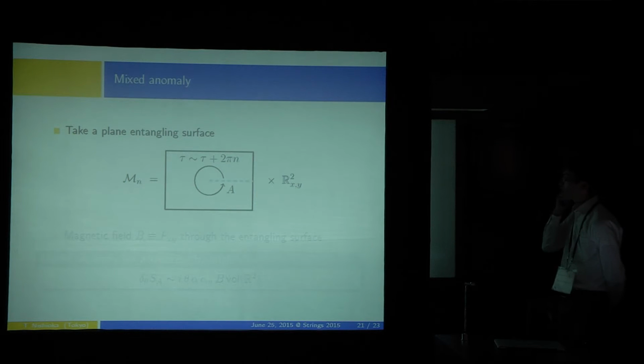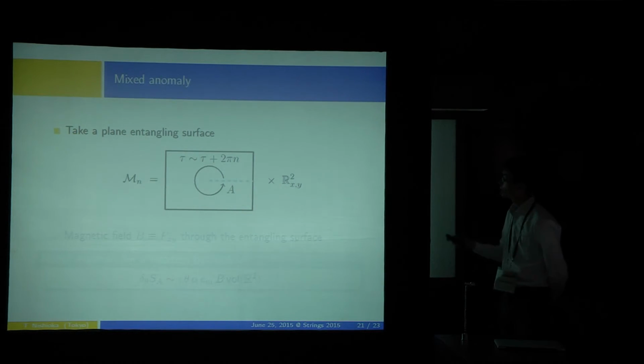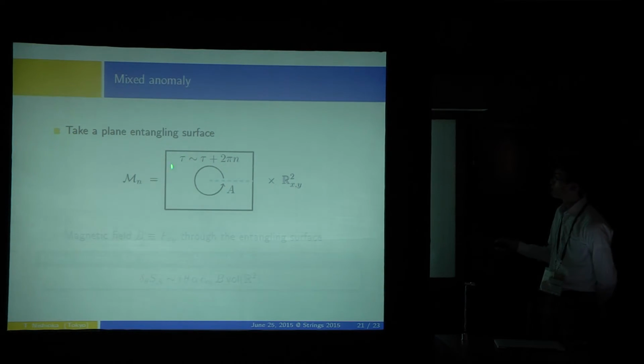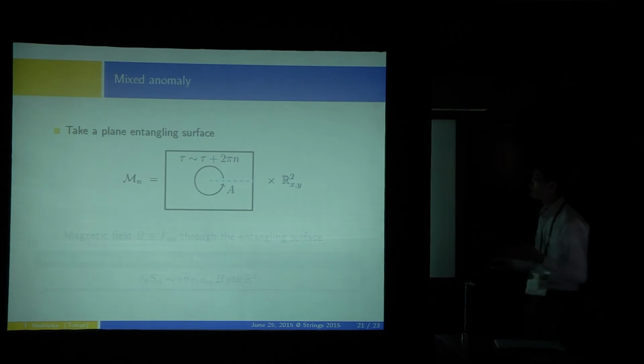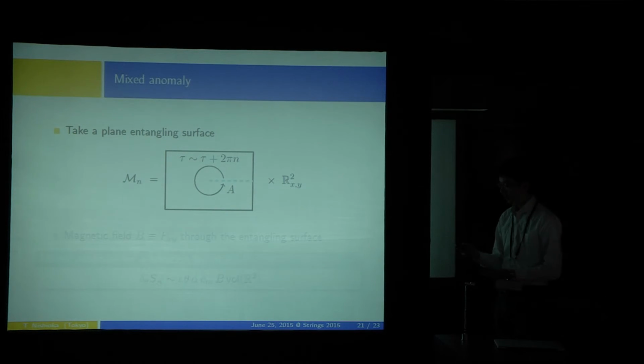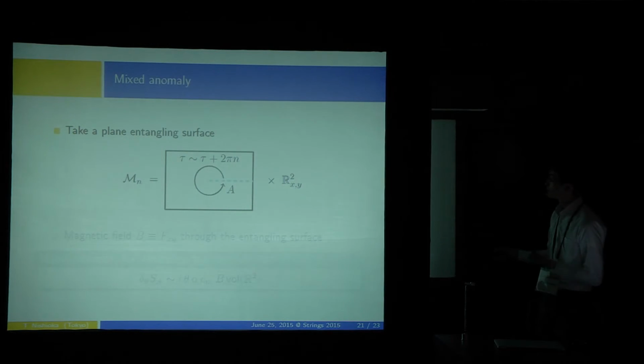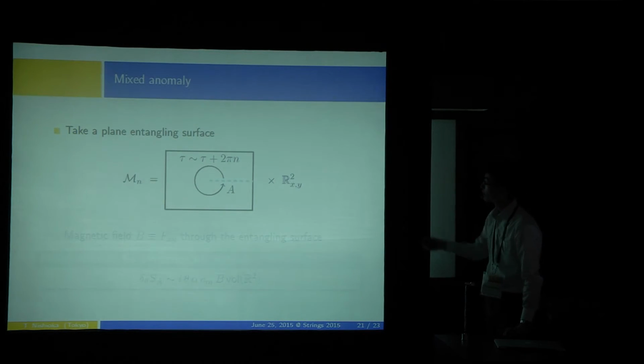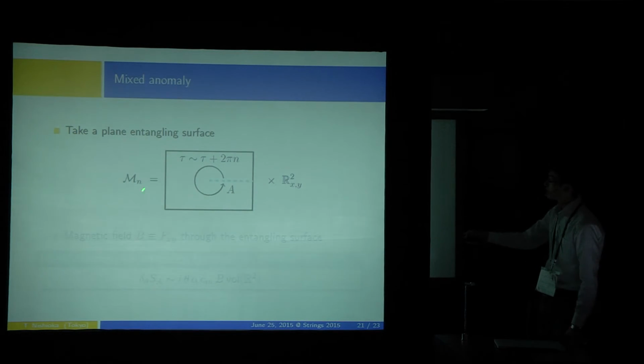Now I'm interested in the mixed anomaly first. Since we are in 4 dimensions, we need a 4-dimensional space, so the entangling surface is 2-dimensional. In the simplest case, I just consider a planar entangling surface, which divides our space into two parts. The space is decomposed into a 2-dimensional part and R2, which I parameterize by x and y.